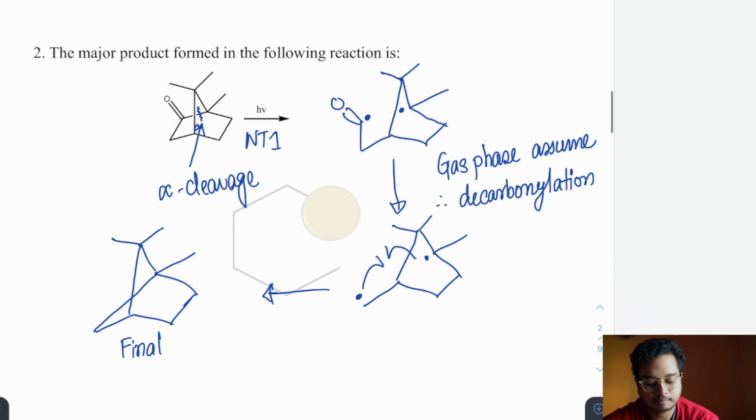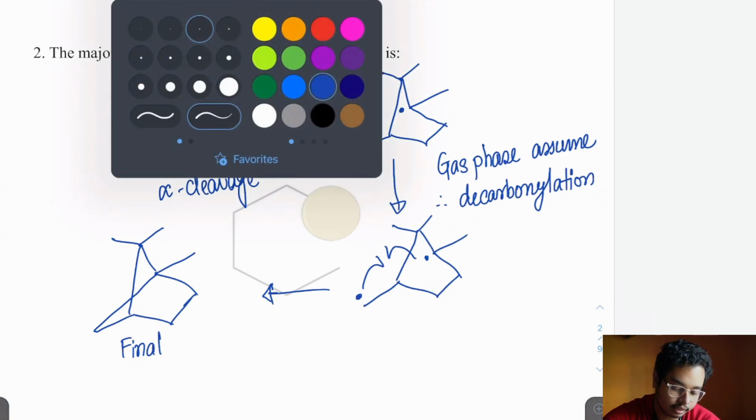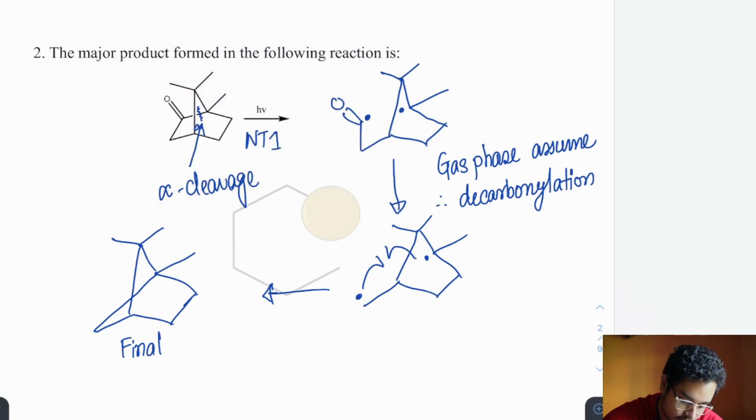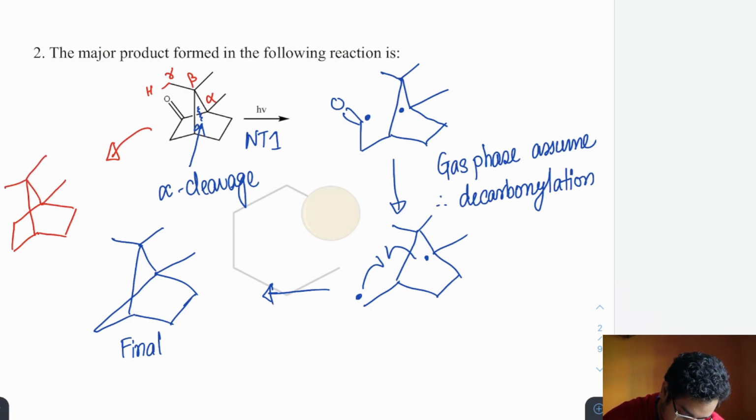Also, some people can say that there is a gamma hydrogen here. See, it is alpha, beta and gamma, so it contains a gamma hydrogen. So why is it not going via Norrish type 2 reaction? If it goes via Norrish type 2, then the final product will be this. These two radicals combine and an OH is there.